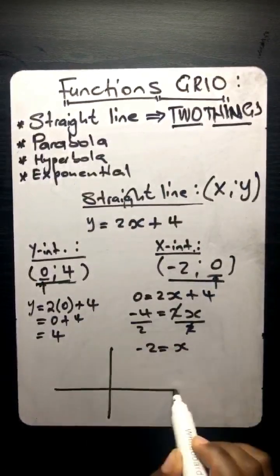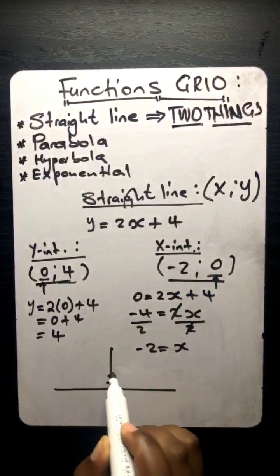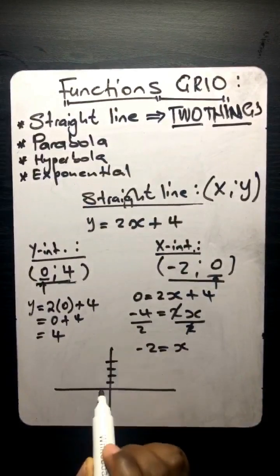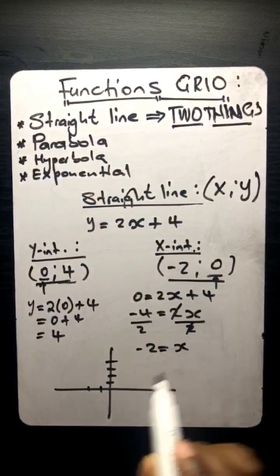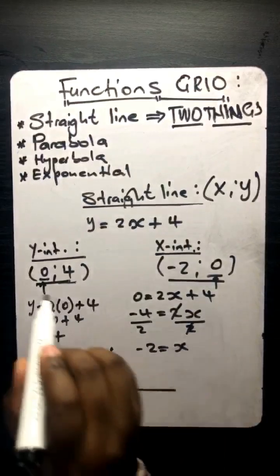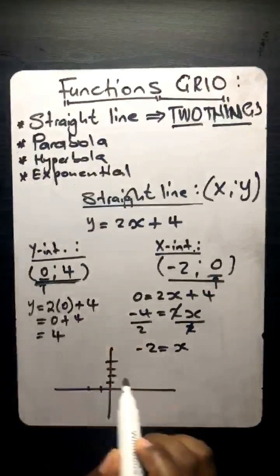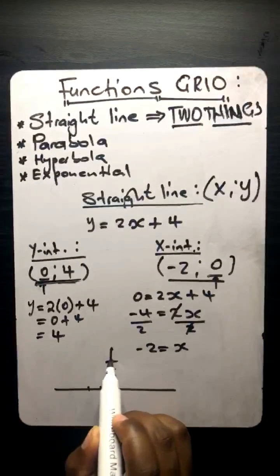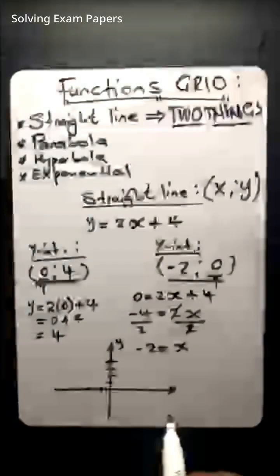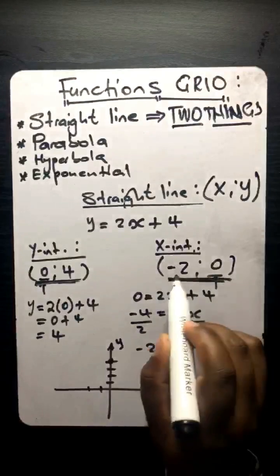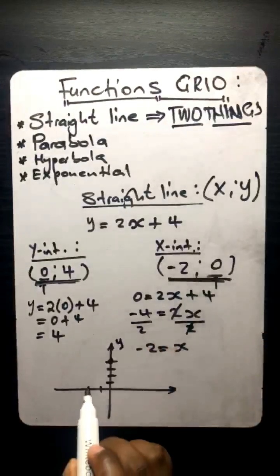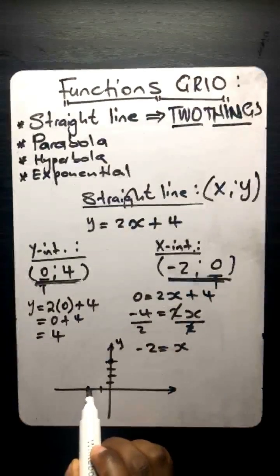Let's see. So let's say you've got 1, 2, 3, 4 there. You obviously have -1, -2, which is what you're looking for. Let's try to plot that point. 1, 2, 3, 4. This is that point where y is 4 and x is 0. And then this point, that's where x is -2, which is that point.